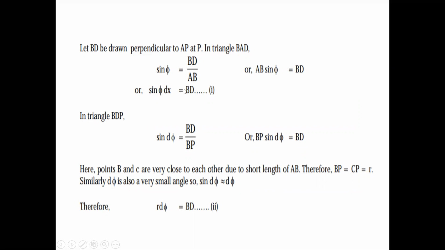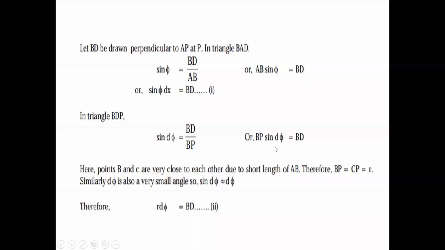So finally, the BD value from equation 1 is equal to sin phi dx. The BD value obtained for this is BP sin d phi. Here the BP value is also equal to R, so this value is equal to R sin d phi.